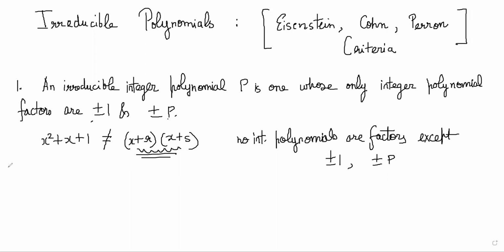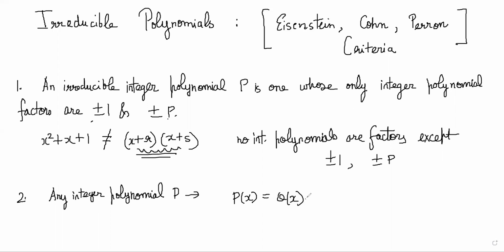Now, any integer polynomial P(x) can eventually be factorized and written as a product of irreducible polynomials. Any integer polynomial P(x) can be written as Q(x) multiplied by H(x), where H(x) and Q(x) are irreducible integer polynomials.